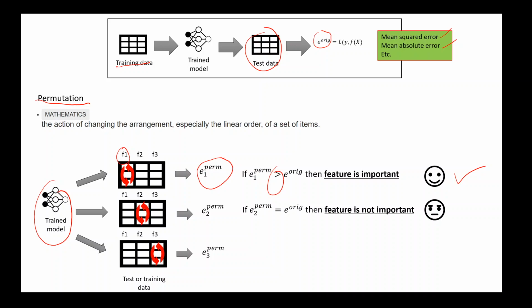Conversely, when we shuffle the values of feature F2, the estimated error of the permuted model remains unchanged, which means that the feature is considered unimportant, because in this case the model ignored the feature for the prediction.